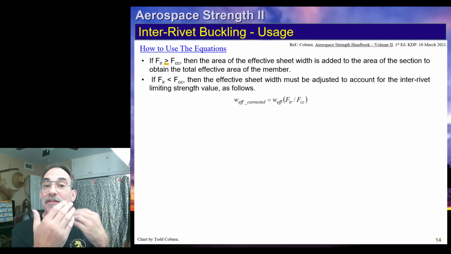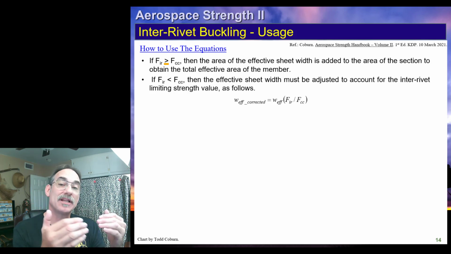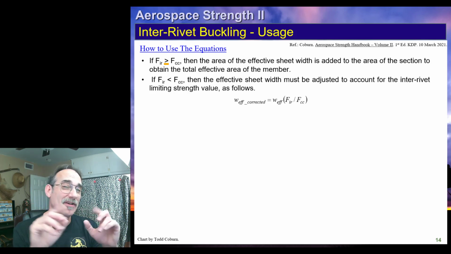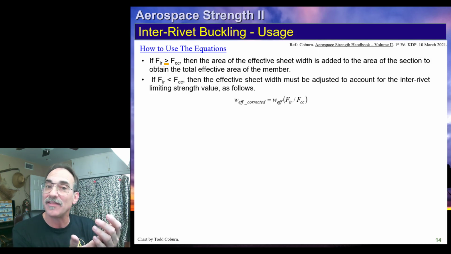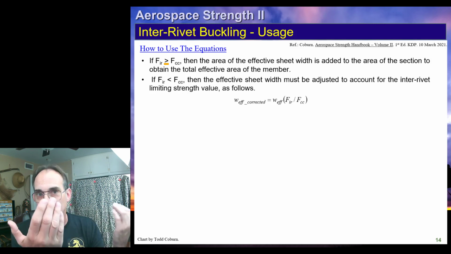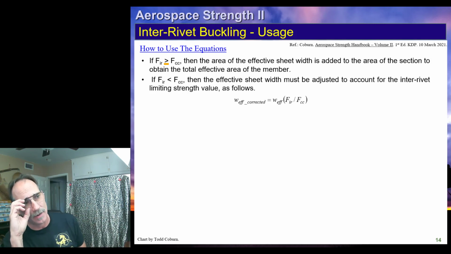Okay? Another way to describe this is to say, if we call all of our earlier calculations for effective width W effective prime, then once you check and correct that value, that becomes the W effective value. Or you can call it the corrected value, as I say here and as I show in the handbook, okay?